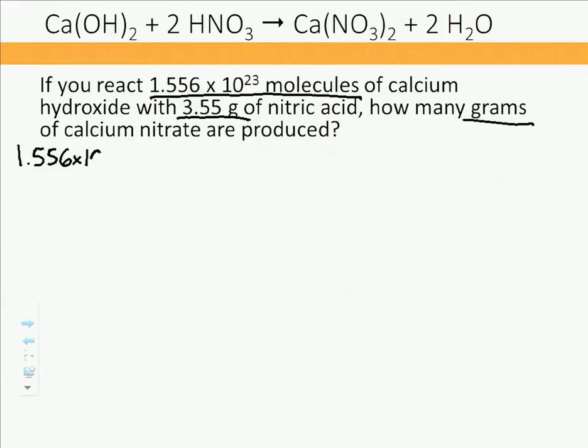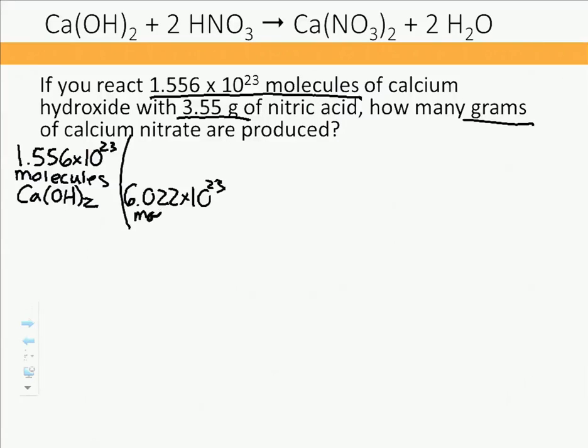So I do 1.556 times 10 to the 23rd, and this is molecules of calcium hydroxide. In order to get from molecules to moles, we need to use Avogadro's number. We now have moles of calcium hydroxide. In the end, we're trying to get to calcium nitrate.